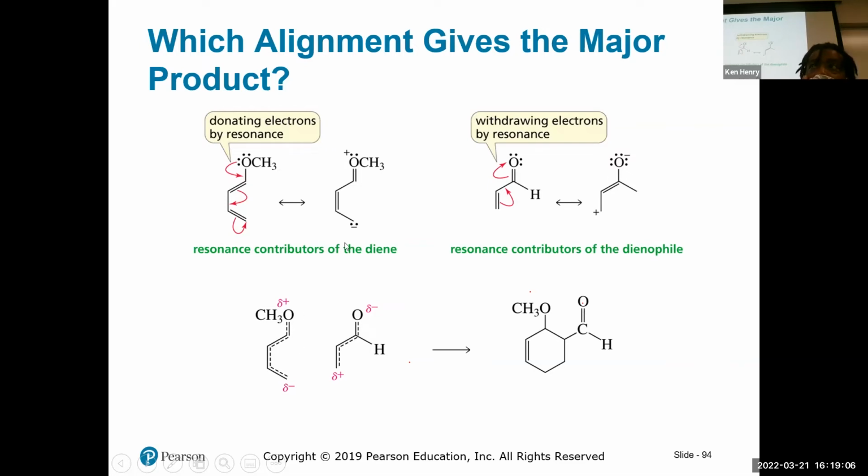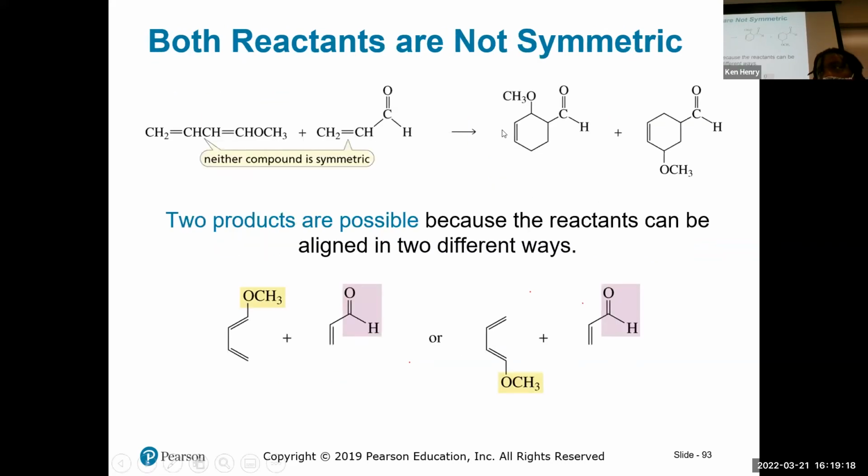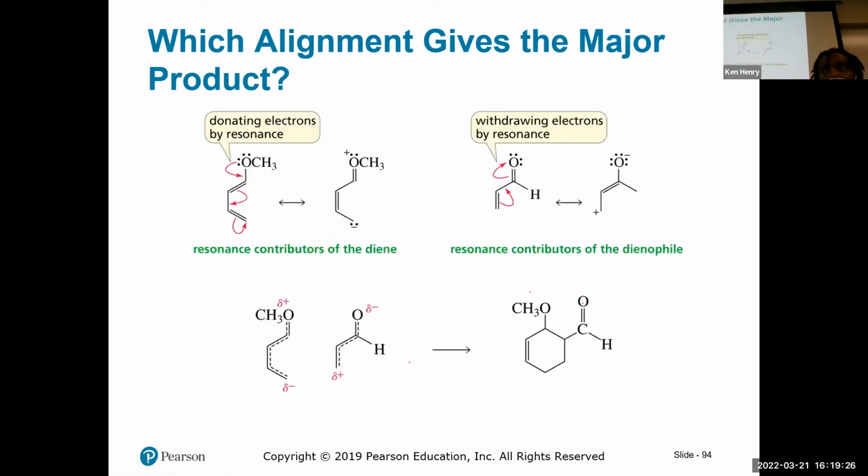And then this guy is partial positive up top, partial negative. So this structure is going to be more abundant than the other structure. We expect to get more of this one and less of this one, because when we take the hybrid of the two resonance structures, it's going to give us that partial positive and partial negative.